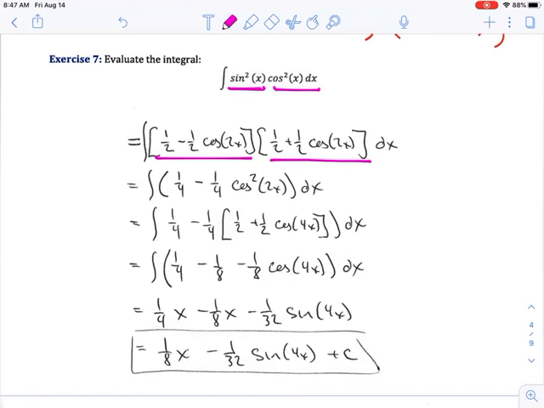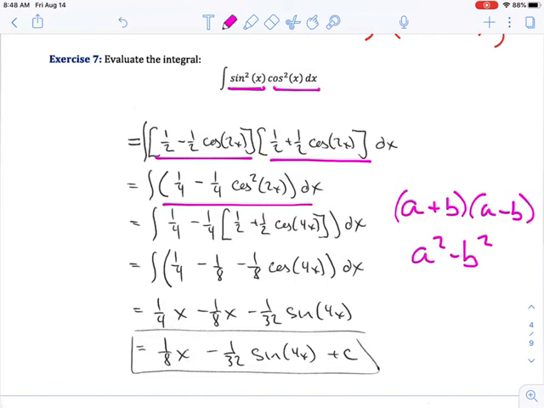Here's the nice thing about multiplying these together. They are conjugates of each other. So remember, a conjugate is something in the form a plus b times a minus b. And when you multiply conjugates, the middle terms cancel out. You just end up with a squared minus b squared. And so that's what we get here.